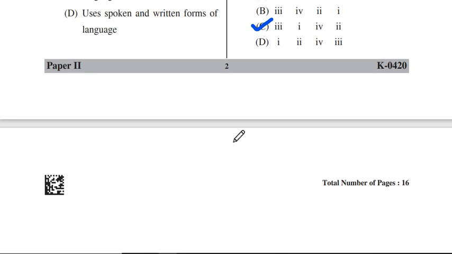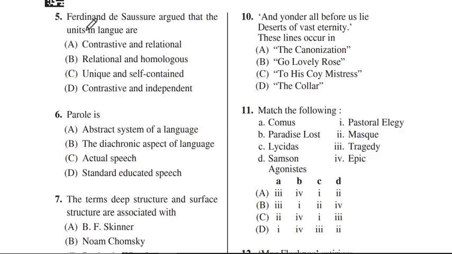The next one is fifth question. Ferdinand de Saussure argued that the units in language are contrastive and relational, relational and homologous, unique and self-contained, contrastive and independent.